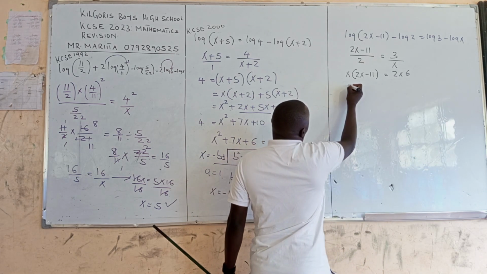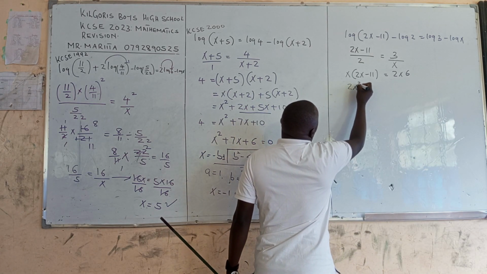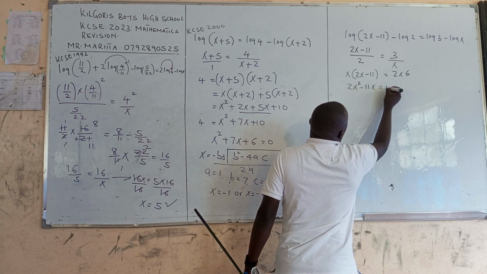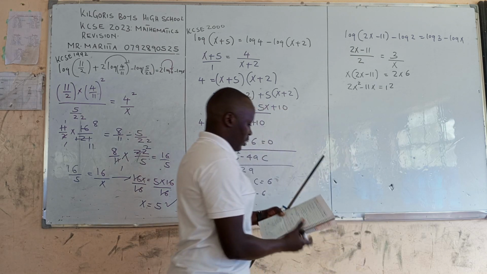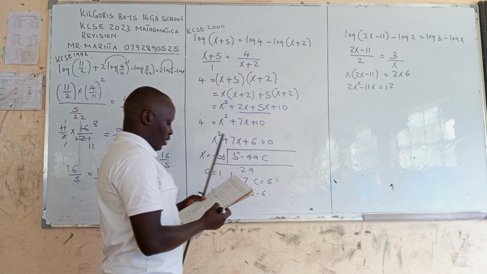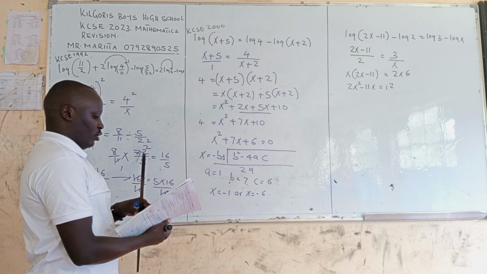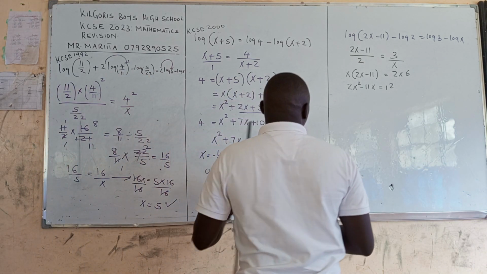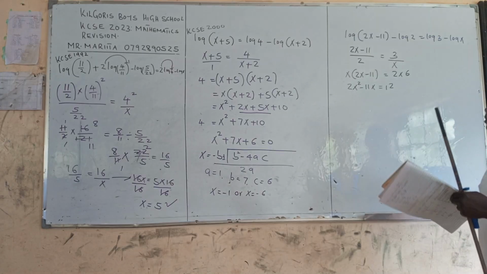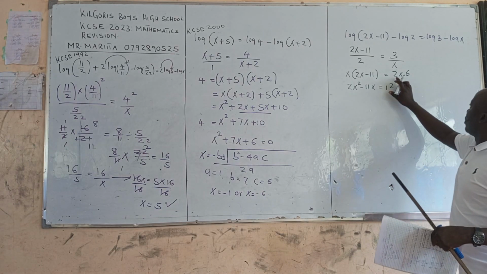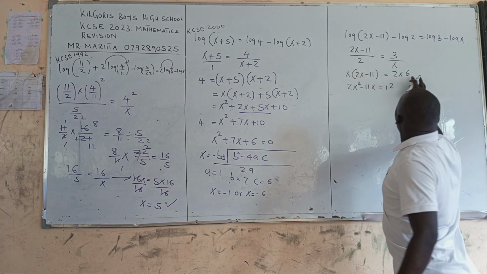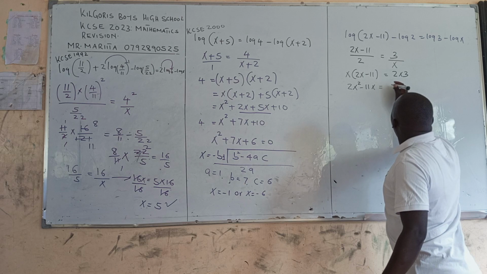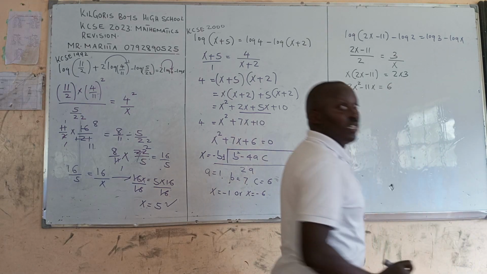So we have 2x squared minus 11x, which will be equivalent to 12. No, it is 2 times 3. So we have this one as 2 times 3, such that we can have this one here as 6.